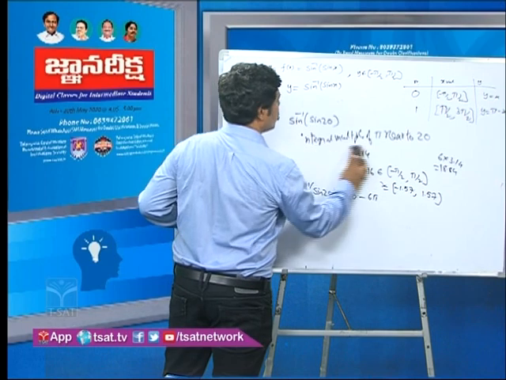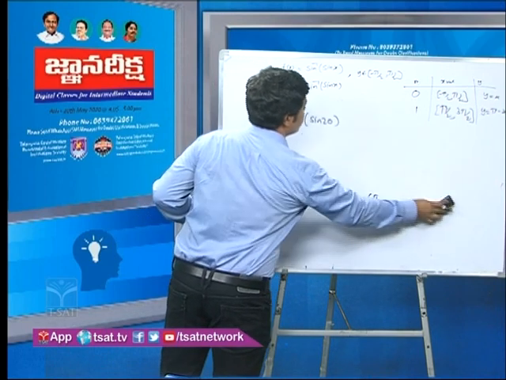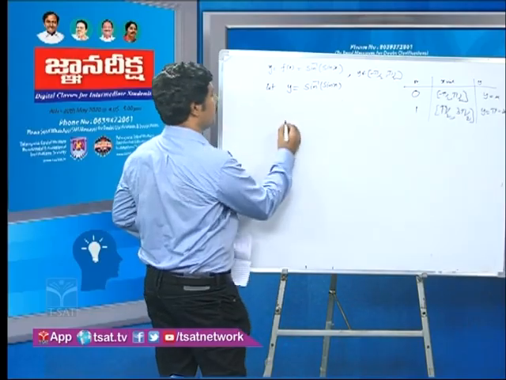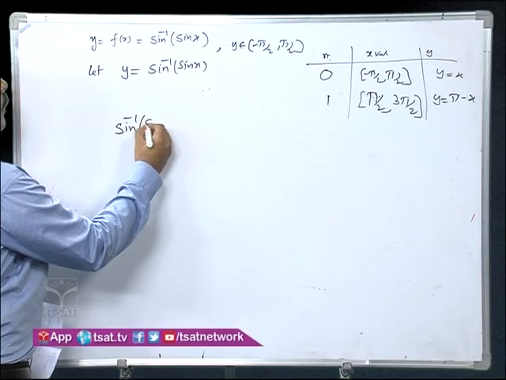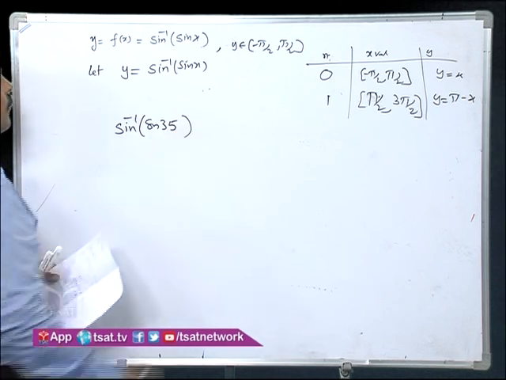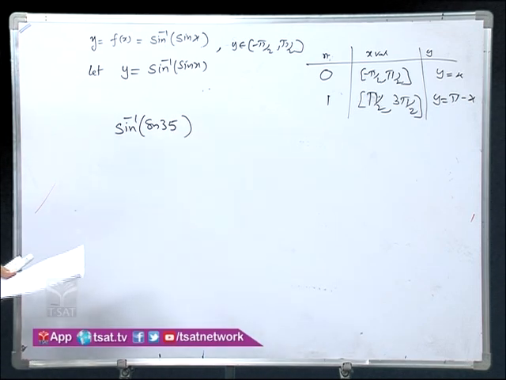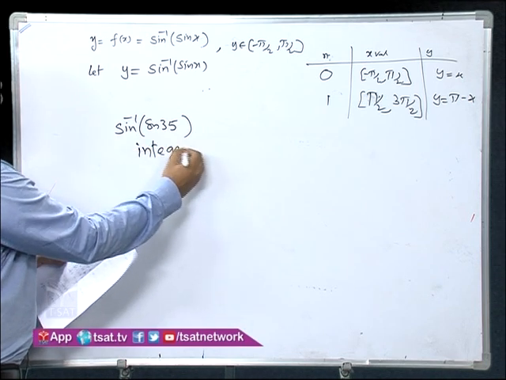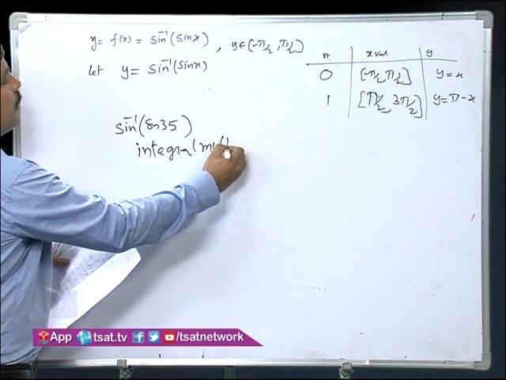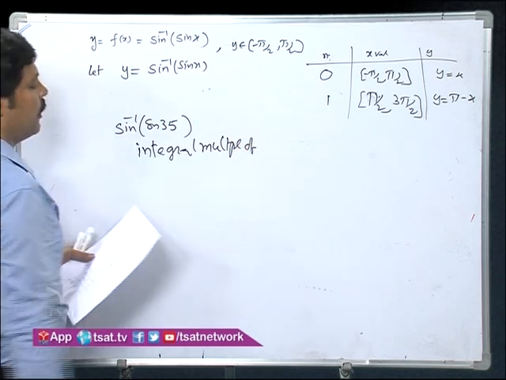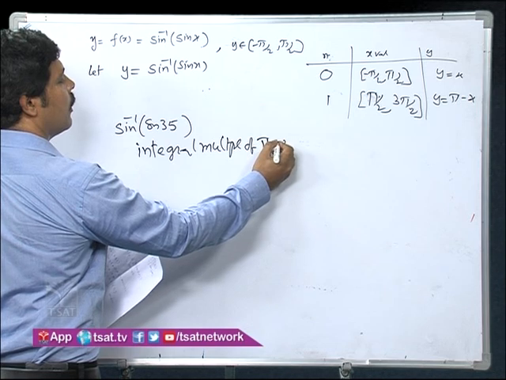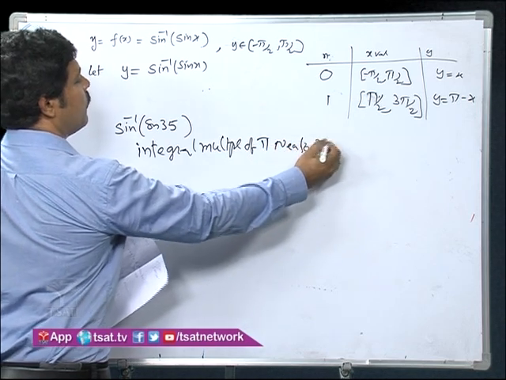And another value: suppose sin inverse of sin 35 radians. What is the nearest integral multiple of pi nearer to 35?